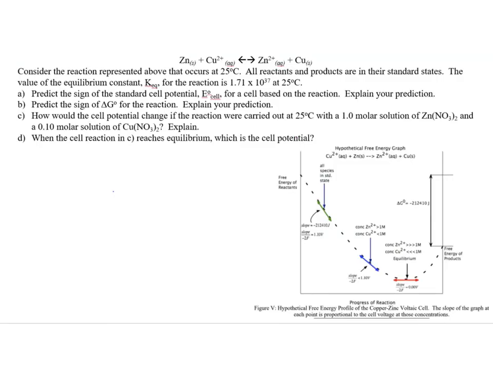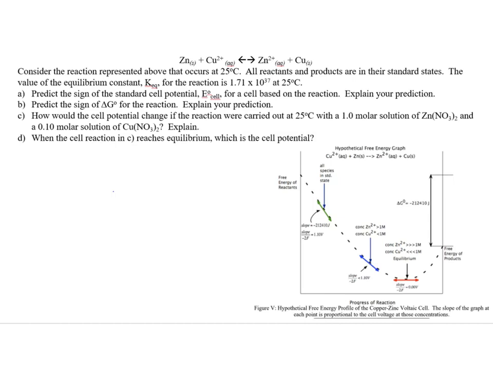We're going to look at an example problem to show how you can use the general shape of this Gibbs free energy graph to help you think about the concepts associated with these electrochemistry problems. So it says, consider the reaction represented above that occurs at 25 degrees Celsius. So we've got a solid zinc electrode that reacts with copper in solution, so that could be like copper nitrate, for example.